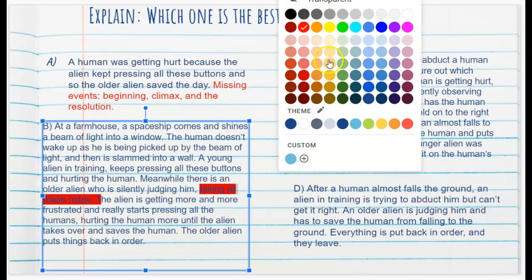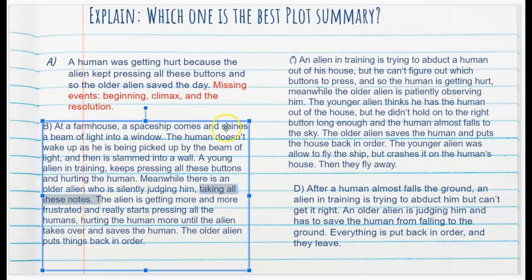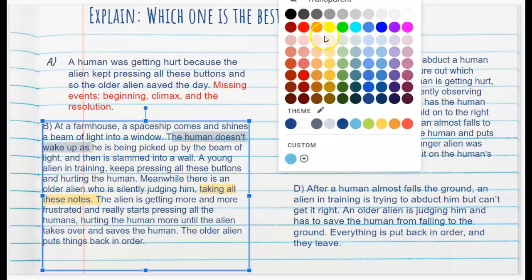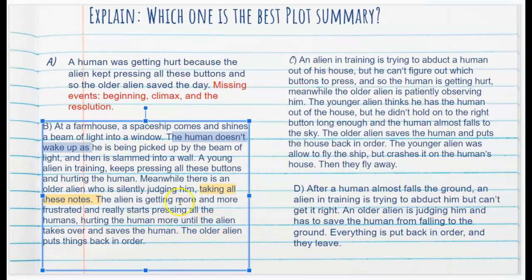Let's do something lighter. Okay, and what else did we say? The human doesn't wake up. It's an unnecessary detail. The alien's getting more and more frustrated and is really starting to press all the buttons, hurting the human more until the alien takes over. I'm going to say getting more and more frustrated.